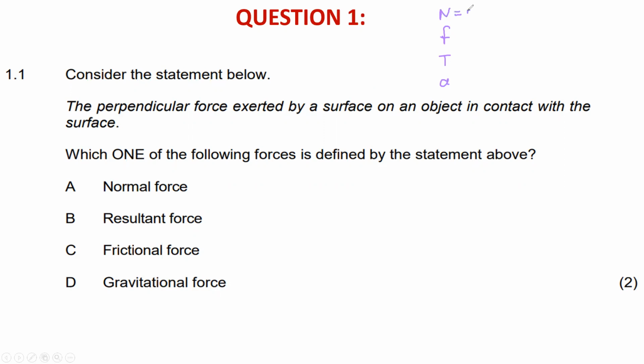We showed m times g, or m times g times cos alpha for the inclined system. You remember, right? So all different cases. But friction force is coefficient times normal force. To calculate tension force and acceleration, you use Newton's second law. F net is equal to m times a.